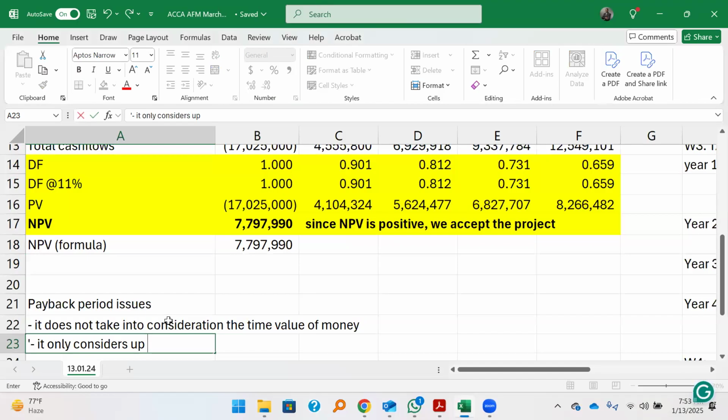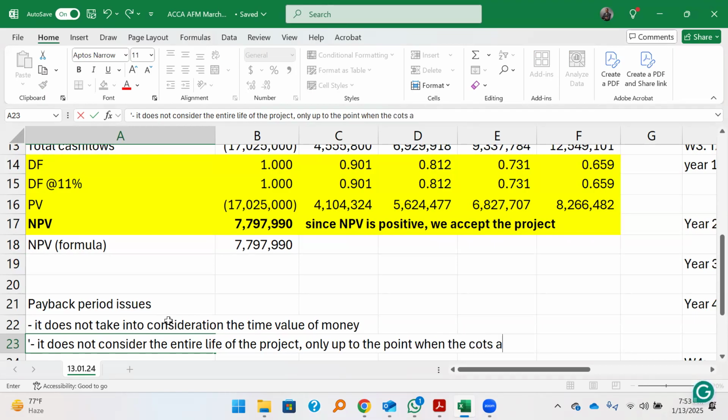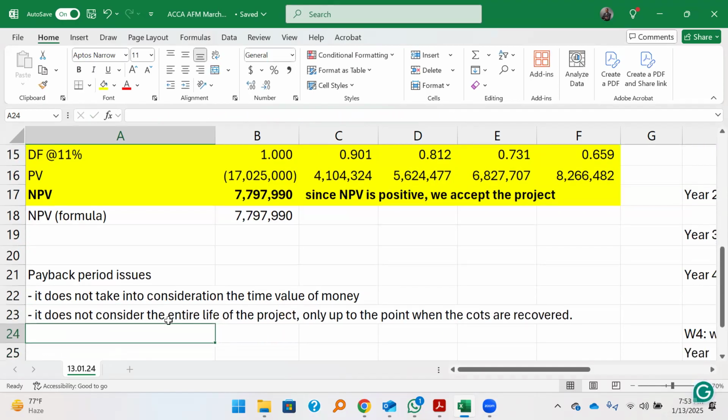But also, it only considers up to when the costs are recovered. It does not consider the entire life of the project. So that is basically the problem with payback period.